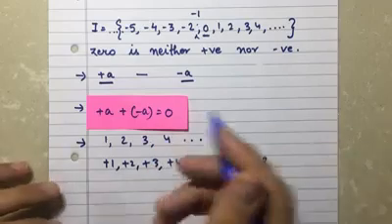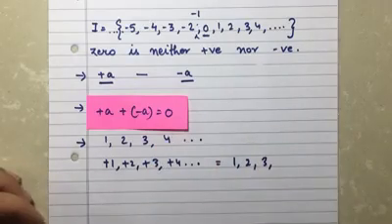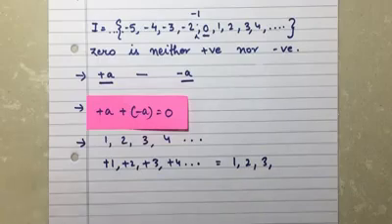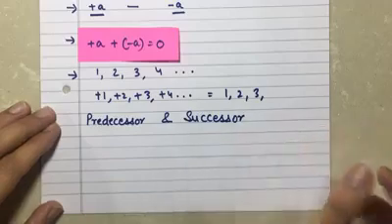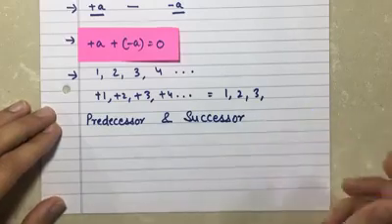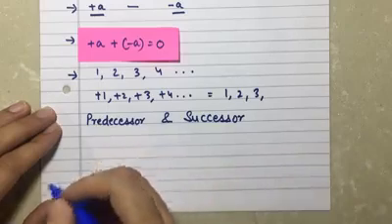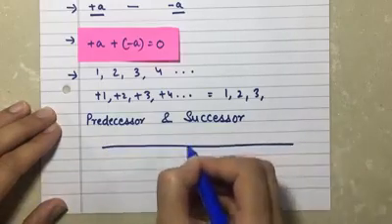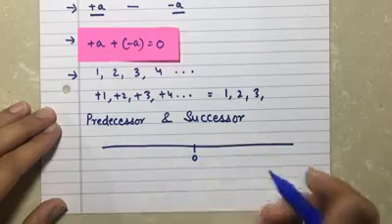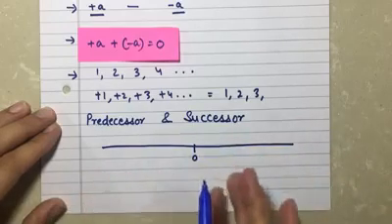Another topic that we're going to study in this is about predecessors and successors of numbers. Let's see it through a number line. If I have to check out predecessors and successors of my positive and negative numbers, how am I going to do so? For that, we are going to draw a number line on which I'm going to take both sides, positive side and negative side.